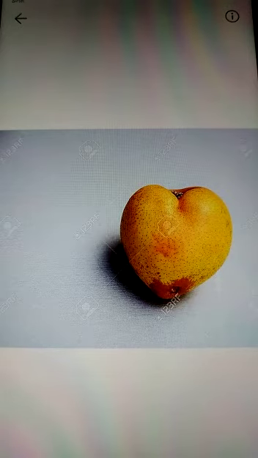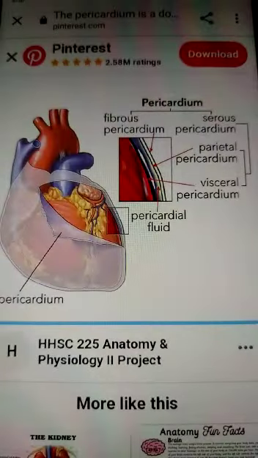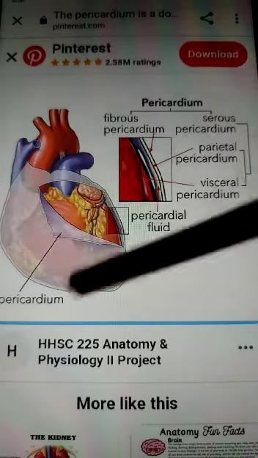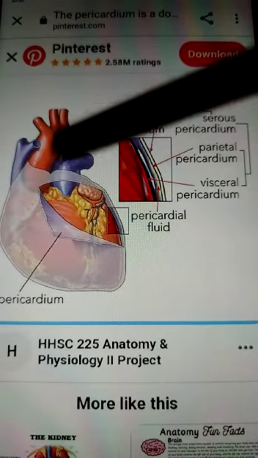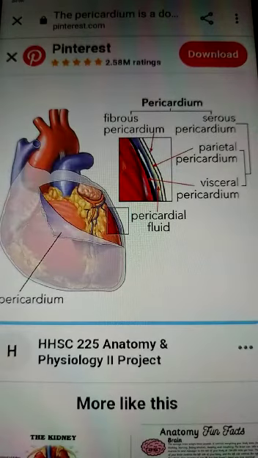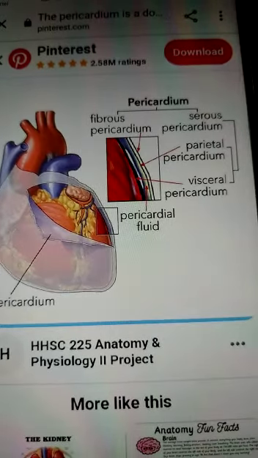So we will look at some other diagram. In this diagram, it is seen that the heart is covered with a pericardial membrane. This is the pericardial membrane which covers the entire heart, and there are two layers of pericardial membrane, and between the two layers there is a fluid known as pericardial fluid.